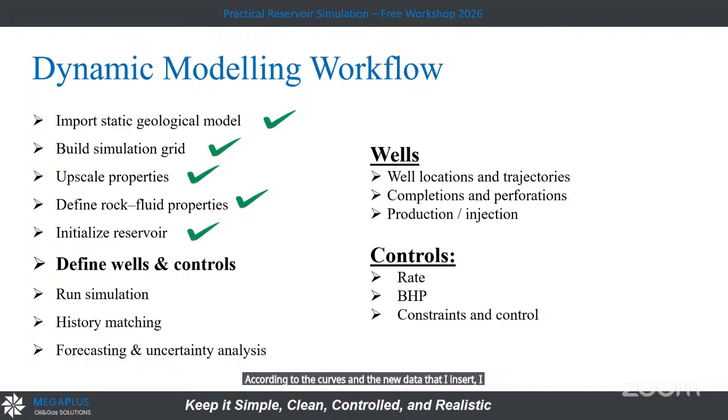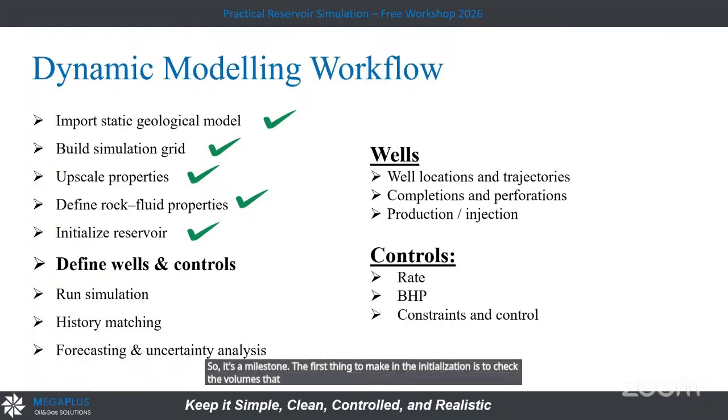I have to get the volumes of the dynamic model and compare them with the static that was done by the G&G department. If they are matching or have an uncertainty or deviation of 10%, okay, it's allowed. But if not, and there is a very big difference, I have a problem here. I have a problem you will see in the capillary pressure or relative permeability curves, or something called end point scaling. So it's a milestone. The first thing to do in the initialization is to check the volumes that are an output of the initialization of the dynamic model. Okay, I will continue.